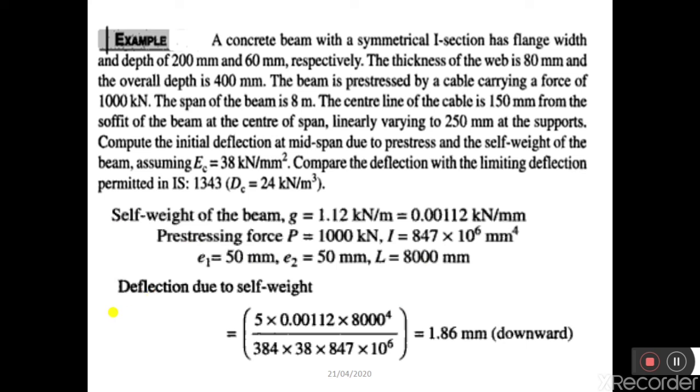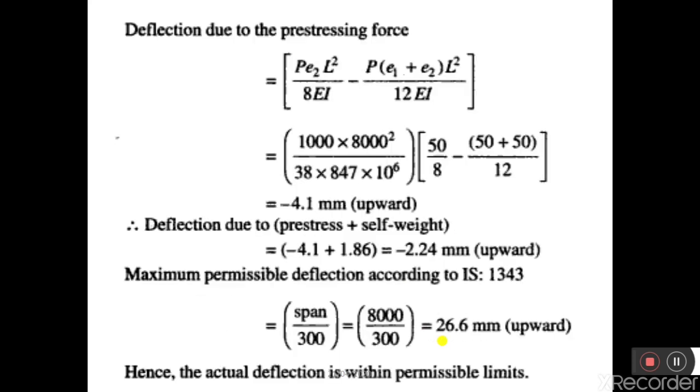The formula is 5WL to the power 4 divided by 384 EI. Here W is taken as g, therefore 5 into self weight into span divided by 384 EI. The modulus of concrete is given as 38 and the moment of inertia we have calculated is 847 into 10 to the power of 6. Therefore deflection due to self weight is equal to 1.86 millimeter. The plus sign indicates the deflection is in downward direction.